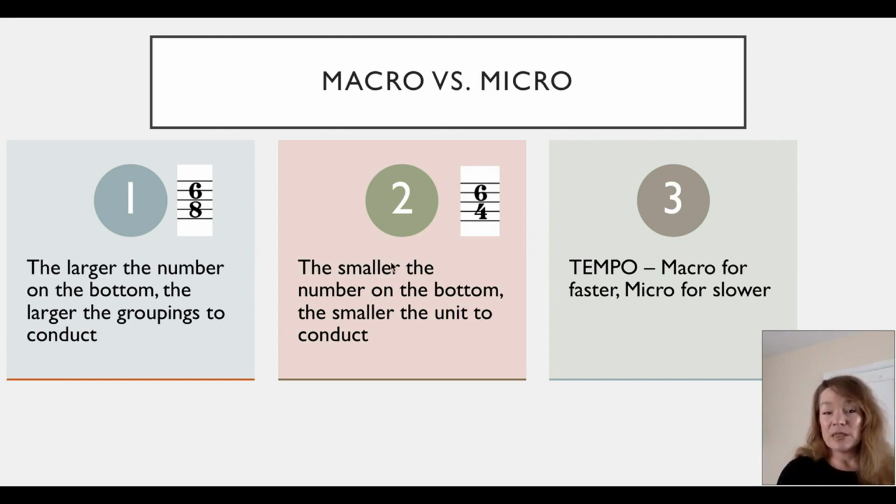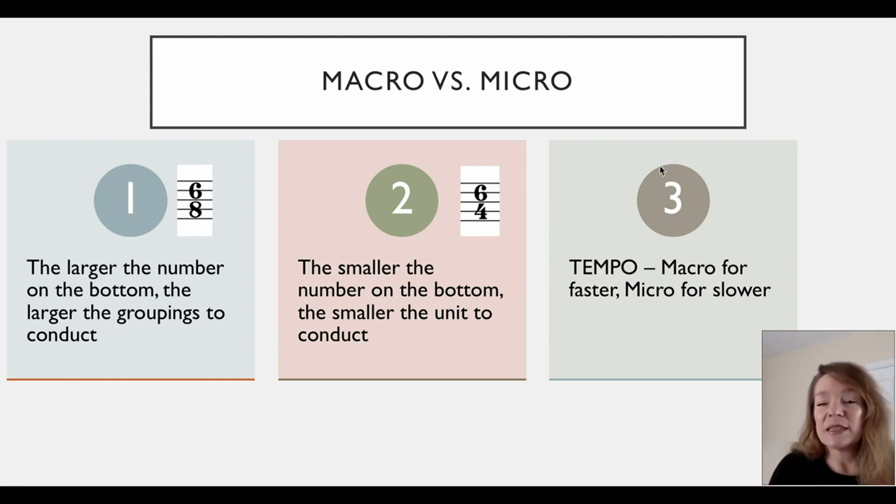The second guiding principle, the smaller the number on the bottom, the smaller the unit to conduct. So in this 6/4, most likely we're going to be in a feeling of 6, rather than the 6/8 with the larger number on the bottom, which will most likely be in a conducting pattern of 2.